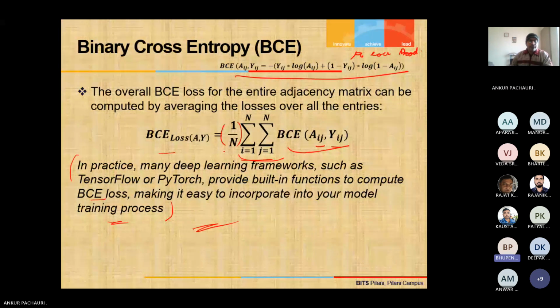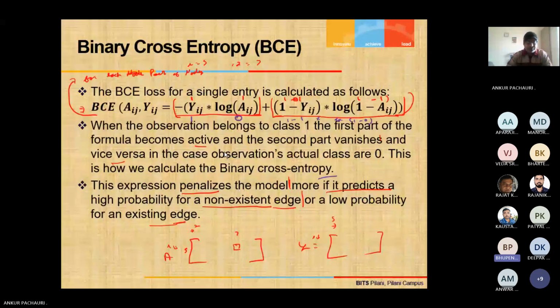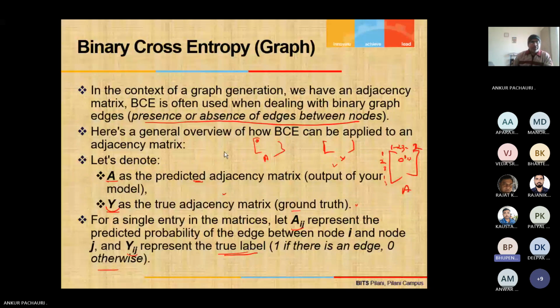Just confused actually. If I take Aij equal to 1 and Yij equal to 1, suppose we take 1 1 here, then the first term will be activated, right? There are two matrices.